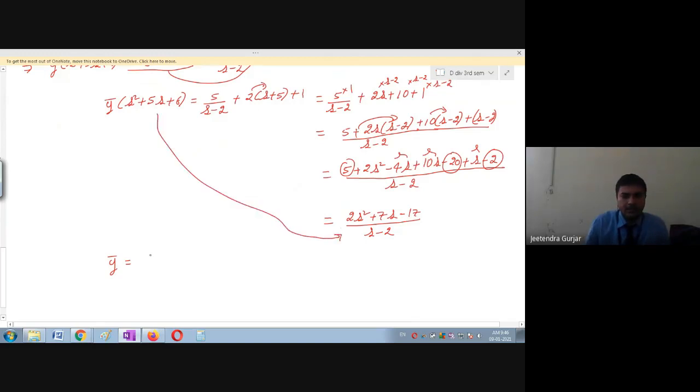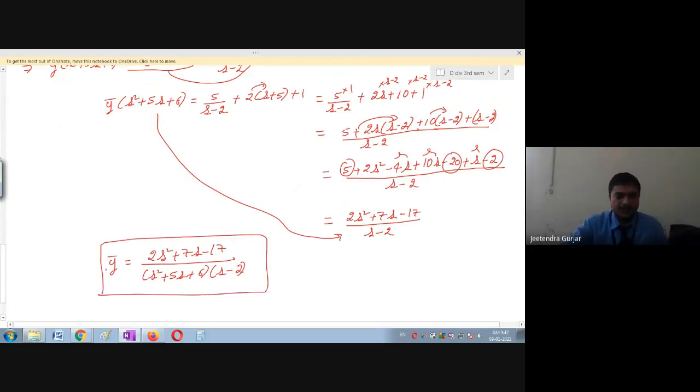So this is going to become 2s square plus 7s minus 17 divided by s square plus 5s plus 6 into s minus 2. So this is your Laplace transform. We have not completed the full answer. This is only the Laplace transform.